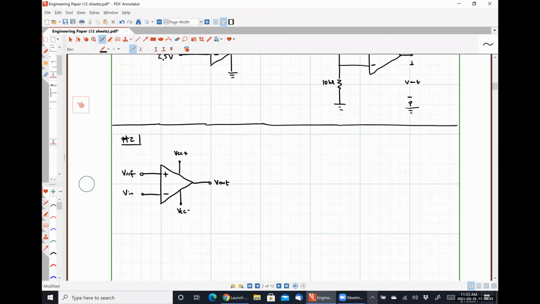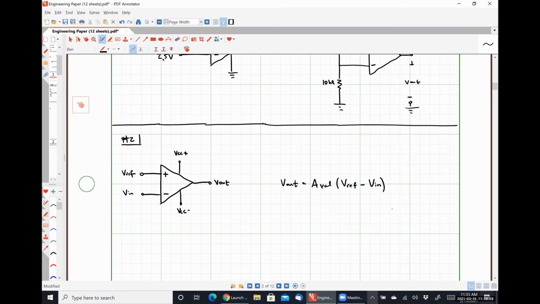This guy is governed by the equation Vout is equal to AVOL times VREF minus VN.